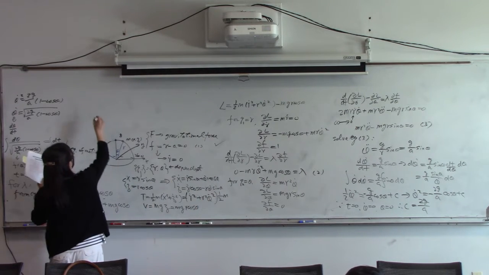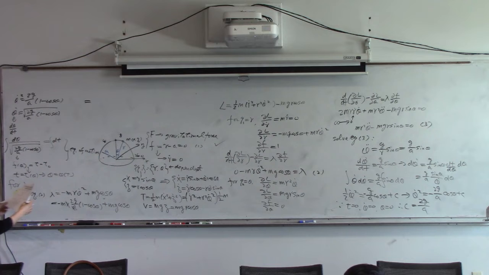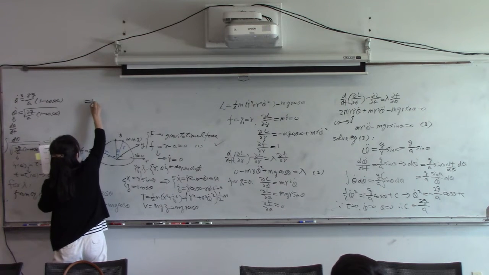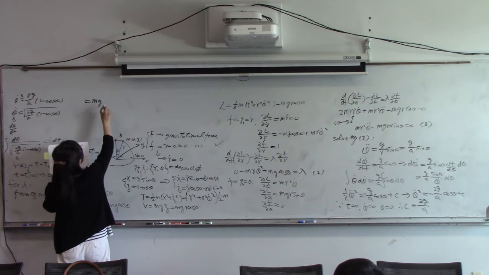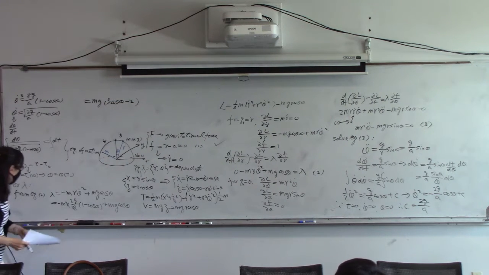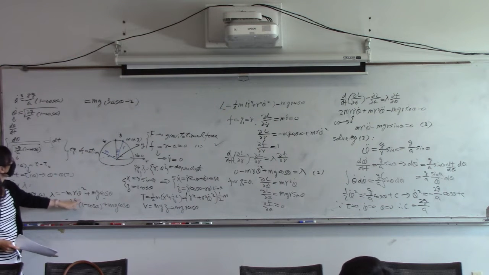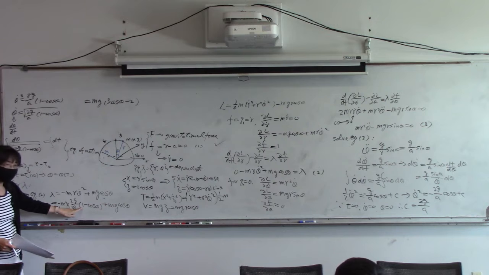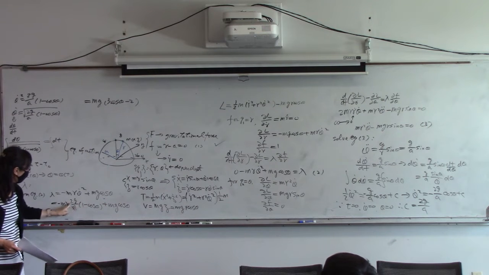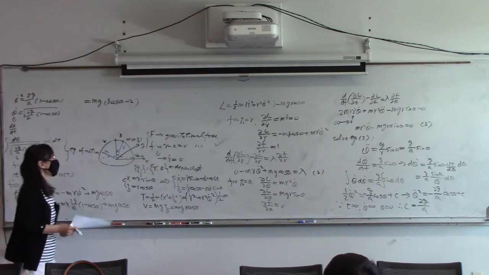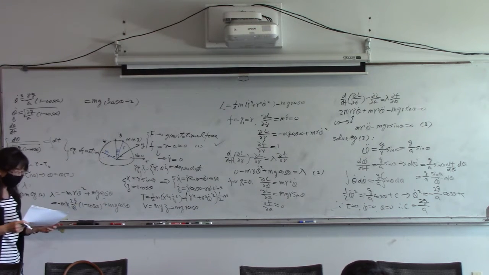So lambda, now I'm going to reorganize. Lambda finally is mg times 3 cosine theta minus 2. Because we take mg outside, there is a factor 2 here, with a negative cosine, and a plus 1, so that is 3 here. So that is lambda. Then now we are going to discuss lambda.